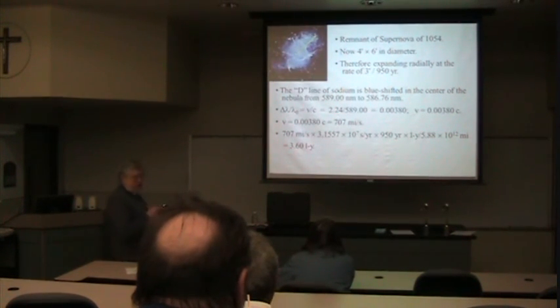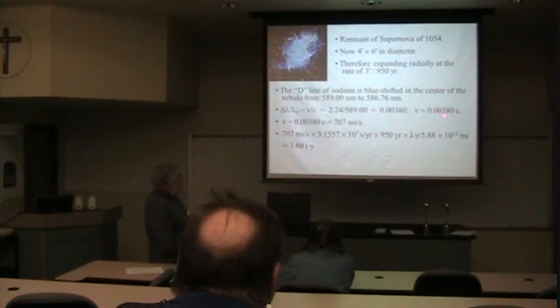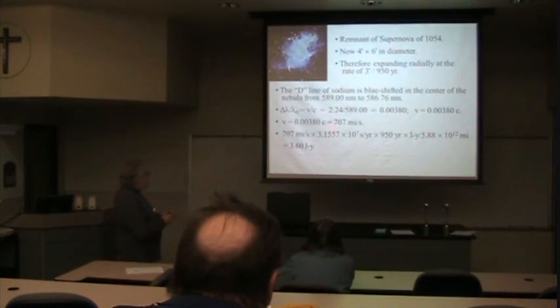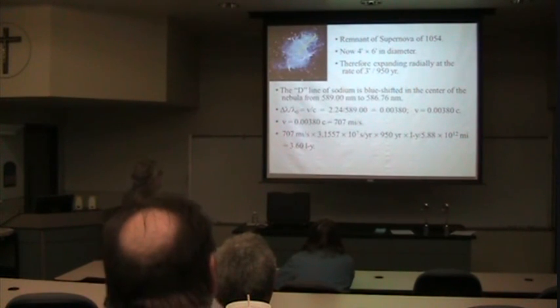That's a small amount, but they can measure that. So using the equation we had before, the shift divided by the rest wavelength is equal to the velocity divided by the speed of light. So we see that the velocity of that material coming towards us in the middle is about 0.3 or 0.4% of the speed of light. It's rather slow, about 700 miles per second that material is moving towards us.